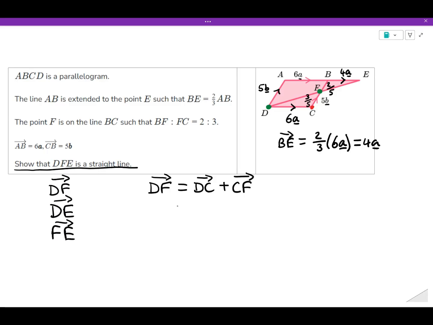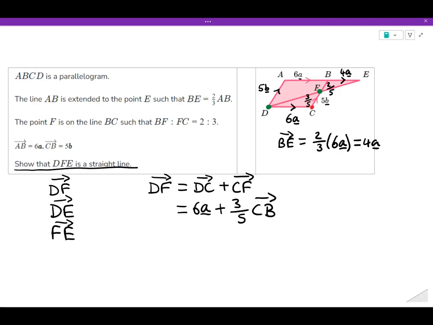Now let's have a go at trying to figure out what these vectors are in terms of a and b. Well, D to C is the vector 6a. So I'm going to write a 6a in here. Now let's consider the vector C to F. So I don't know directly how to get to C to F. However, I know that C to F is 3/5 of the line from C to B. So therefore, C to F will be equal to 3/5 of C to B. So I'm going to write plus 3/5 of C to B like that.